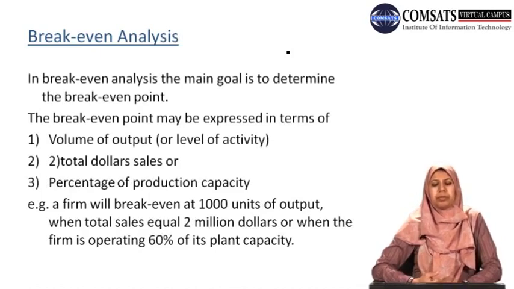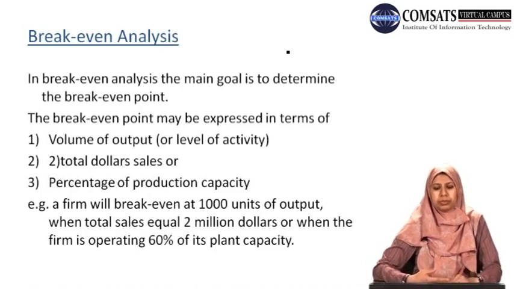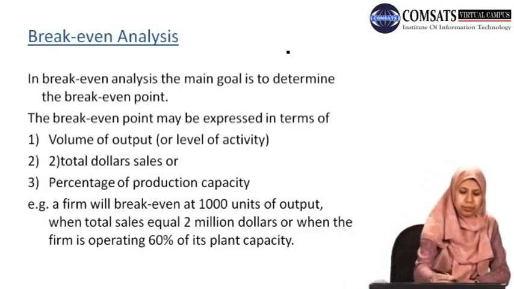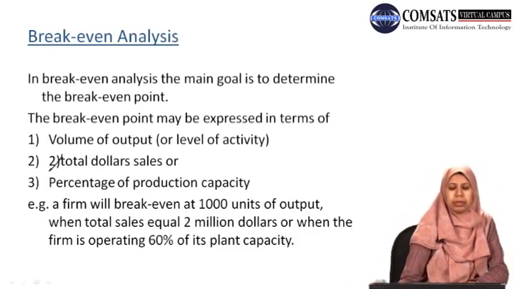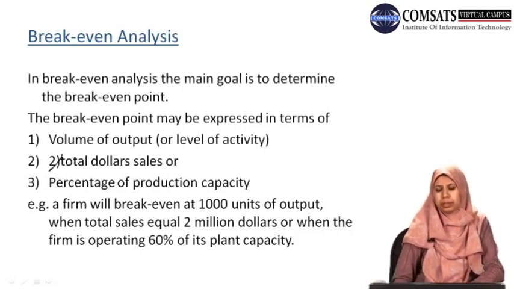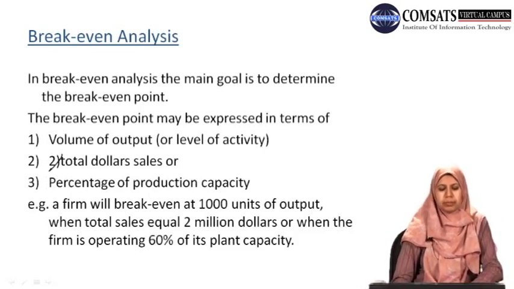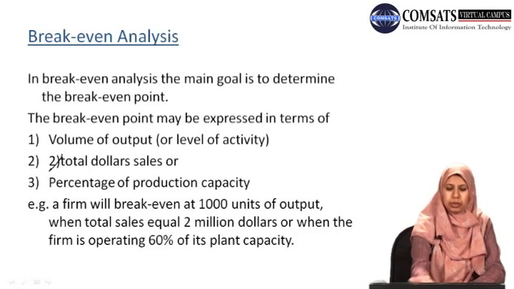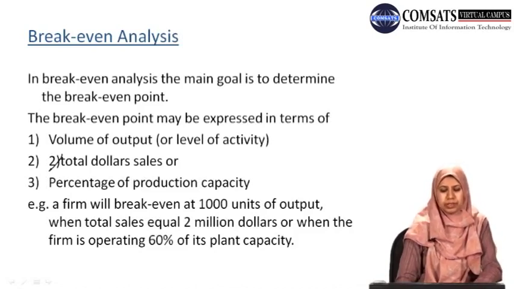The break-even point may be expressed in terms of volume of output or level of activity, total dollars sale, or percentage of production capacity. For example, a firm will break even at 1000 units of output, that is the volume of output, option 1 is given, when total sales equal $2 million.